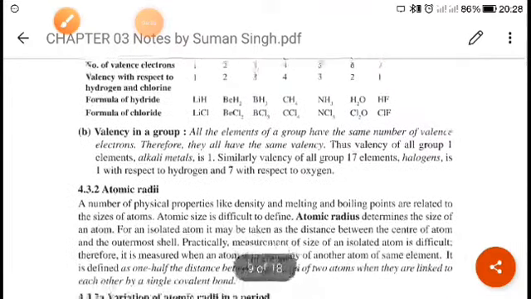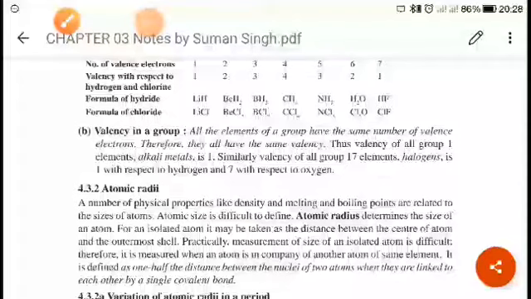Now after that, when we talk about the group, we all know that all the elements present in the group possess the same number of valence electrons, right? So what we can say, on moving down the group, there is no variation in valencies of the elements. Why? Because all the elements present in the group show the same valency.